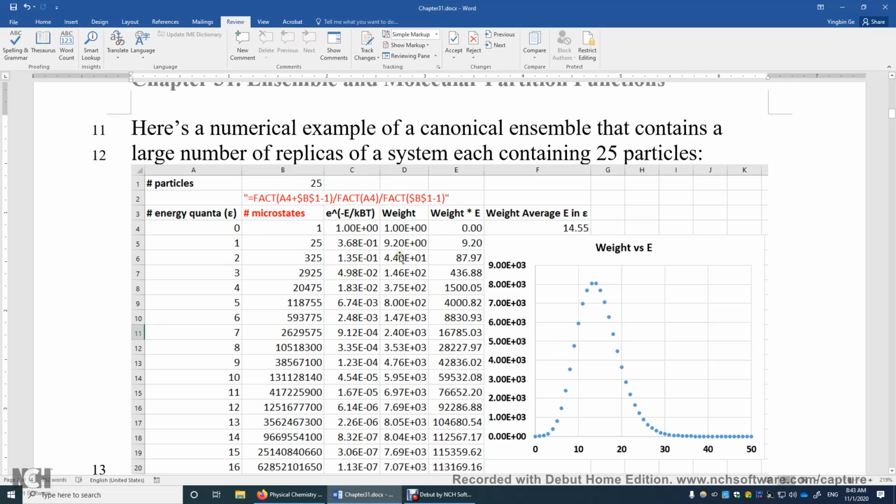And then 2 times this number, I get 88. 3 times this weight, I get 436.88. This is not normalized. So what I did here is I sum up this column and then divide by the sum of the weight. I got 14.55. All right, so that's the weighted average of energy of the replicas.